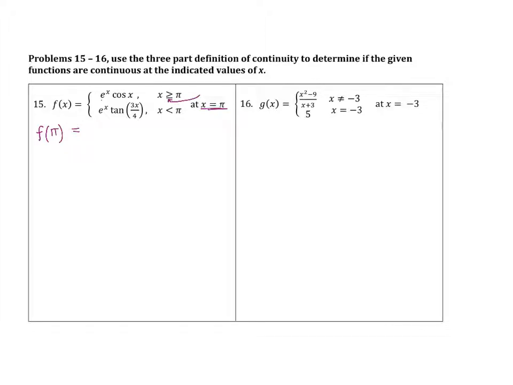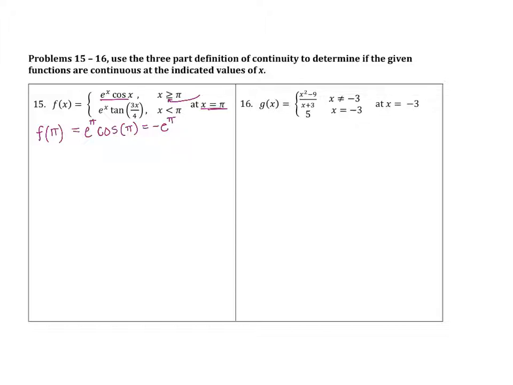And so that means we're going to substitute in here. So we're going to have e raised to the pi power, and you're going to leave it just like that. Don't convert that to some kind of decimal, times cosine of pi, and cosine of pi is -1. So we're going to get -e raised to the pi. And so we do have this value existing.